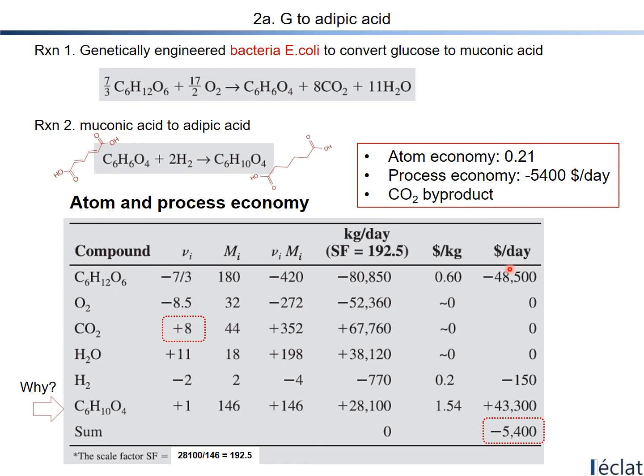Anyway, I'd like to emphasize one thing here. What is the scale factor SF to convert this column to the scaled-up column, this column? Let me go back to the benzene processes to compare the adipic acid production and catechol production processes.